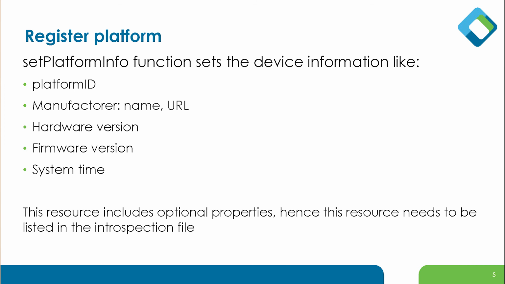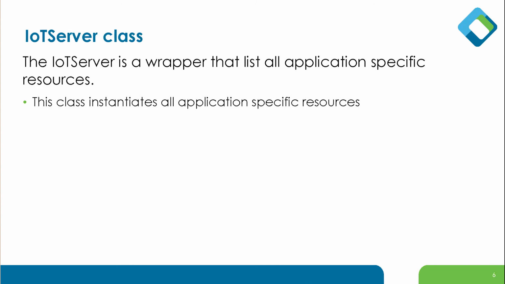The register platform is the same kind of thing, but about manufacturer and the platform, system time, a few more of those kinds of information. If you want to change those things, just go to that function and start changing the strings there. So the IoT server class, it's the wrapper. It just instantiates all the other classes that are being pulled in.